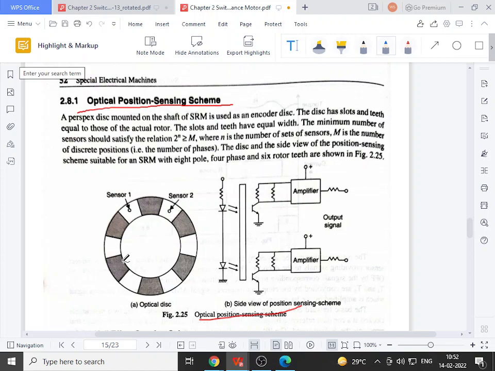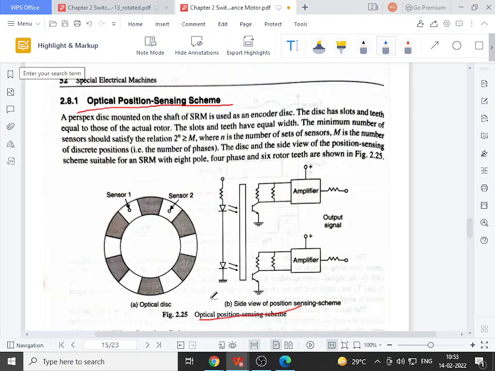The number of teeth and slots on this disc is always equal to the number of slots on the rotor of the SRM. This optical disc generally has 6 teeth and 6 slots, so we use it for an SRM in which the number of rotor teeth is equal to 6.